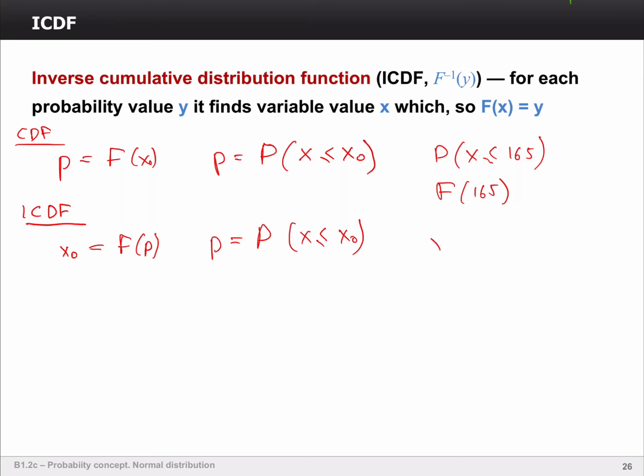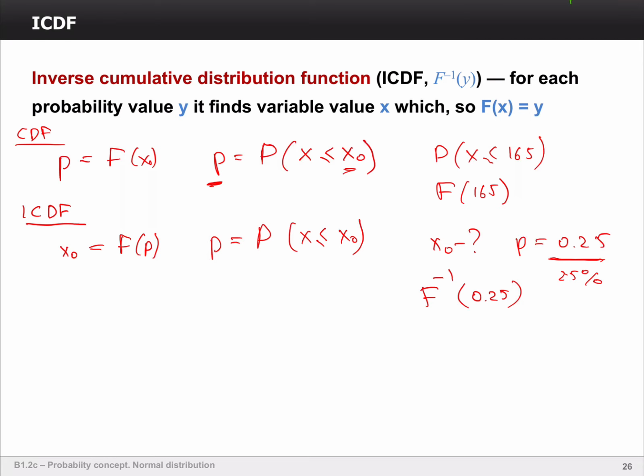You want to find the value. Now your value is not known. That gives you, for example, the first quartile, so 0.25. You need the value below which are the first 25% of the smallest values. In this case, you know p, but you don't know x0. So you need to use the ICDF, f minus 1 of 0.25, which will give you this value, okay? So that's the idea of ICDF.